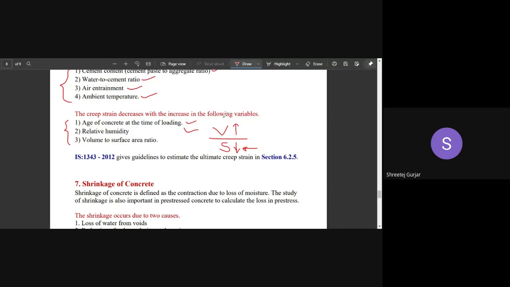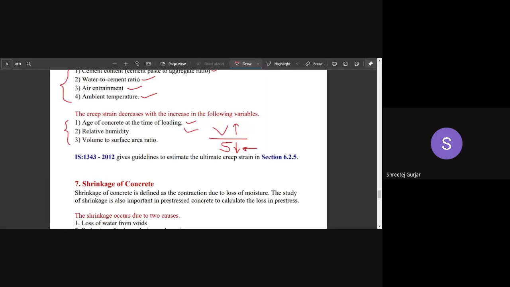By that, there is lesser surface area available for moisture to escape. When we have lesser surface area, there will be lesser escape of water from the voids and lesser escape of moisture from the concrete, and hence there will be a decrease in creep. So we try to increase the volume to surface area ratio.